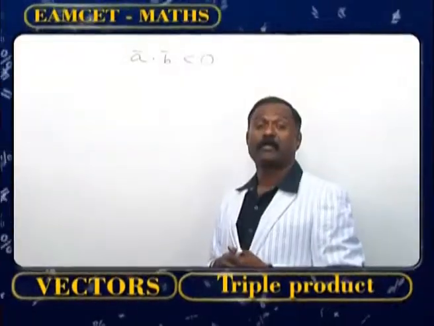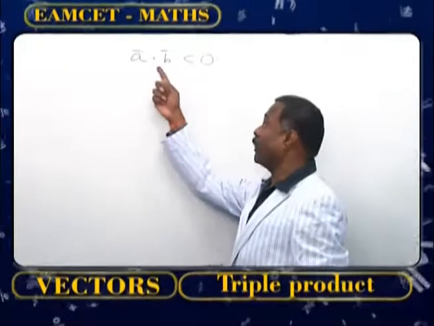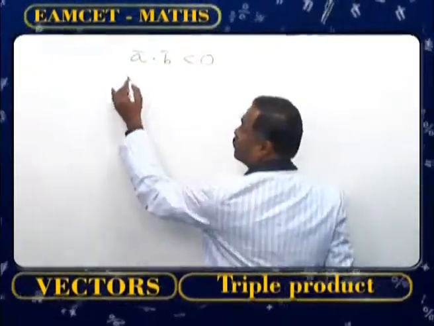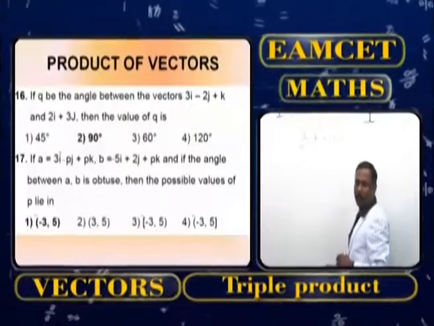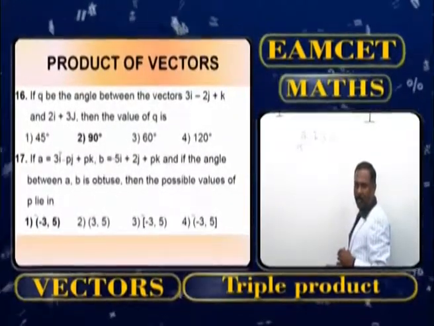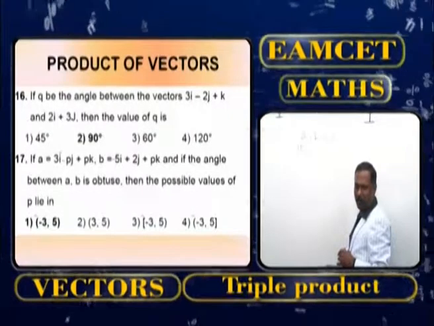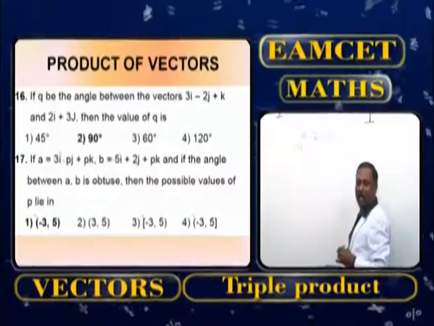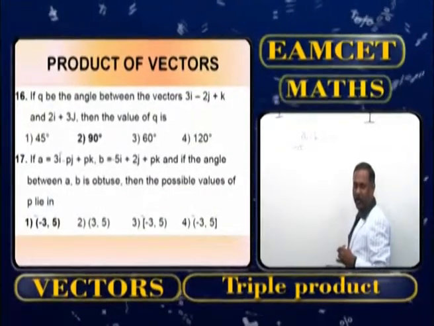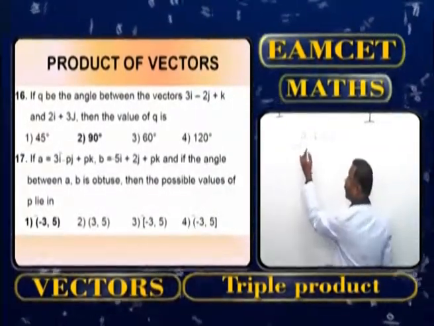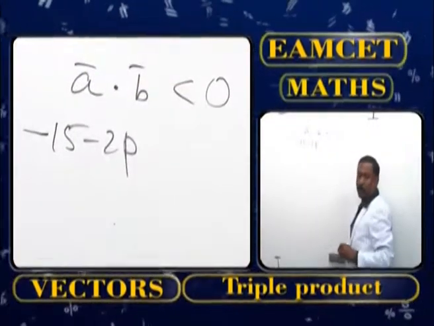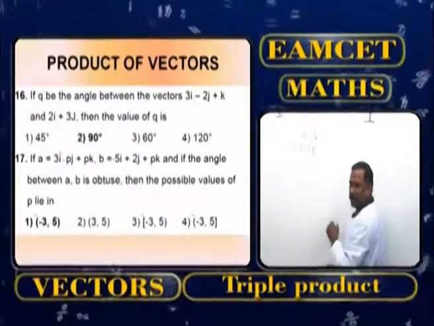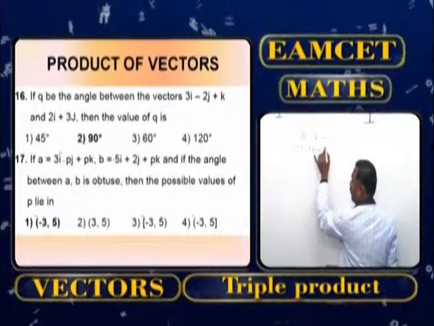So I'll substitute the values of a bar and b bar and find the dot product. It is 3i times minus 5i, so minus 15, and minus pj times 2j, so minus 2p, and pk times pk, that is p square, which should be less than 0.